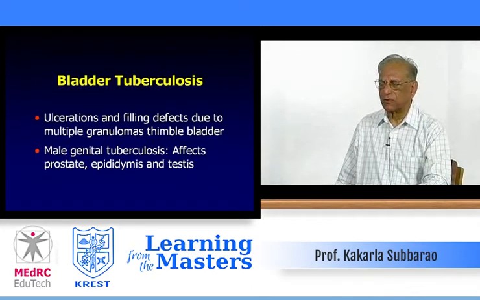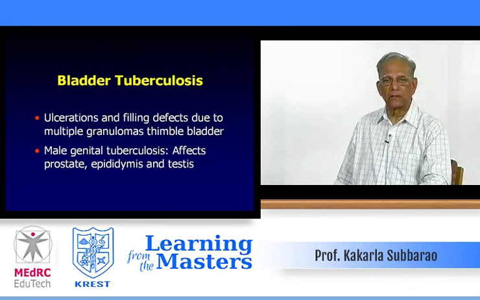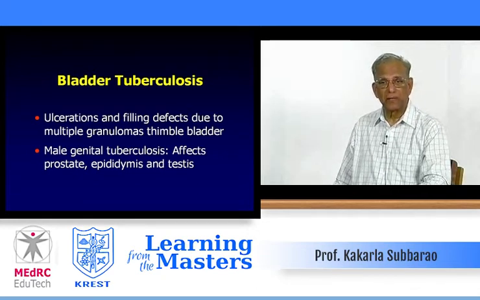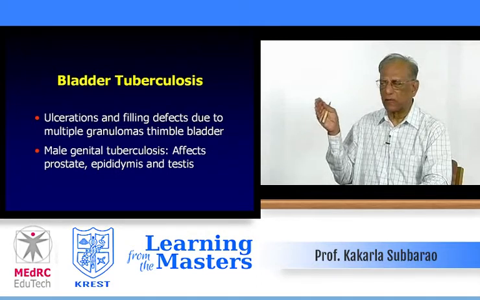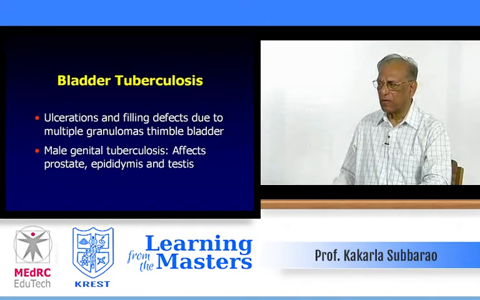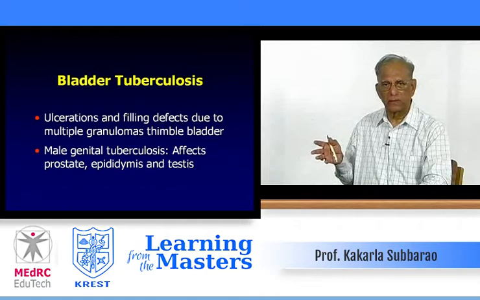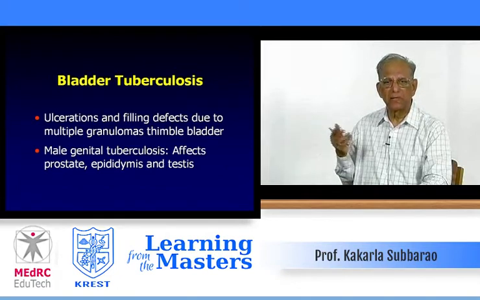Now, bladder tuberculosis. Already we have mentioned a chronic thimble contracted bladder is indicative of tuberculosis, but acute or subacute ulcerations and filling defects may be seen because of the multiple granulomatous lesions. Male genital tuberculosis affects the prostate, epididymis, and testis. But these are non-specific.